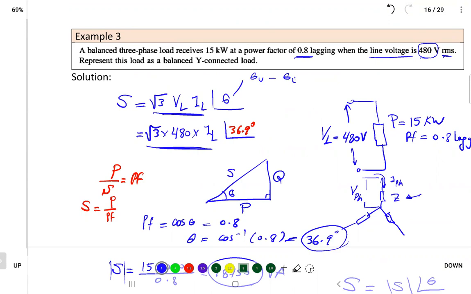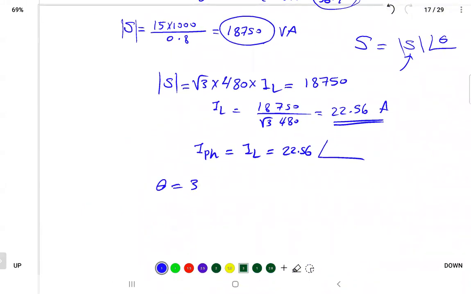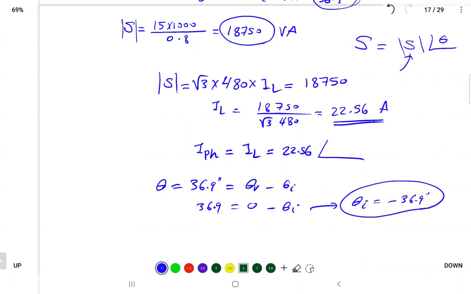And we got it, 36.9. So theta is equal to 36.9, which is the angle of the voltage minus the angle of the current. I know the angle of the voltage is 0. We assumed it. It was not given, I used it as a reference. Minus theta I should be equal to 36.9. Now we can say that theta I is equal to negative 36.9. Now we have the current expressed in the right way.